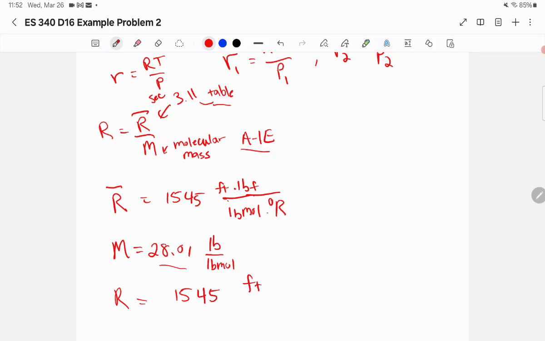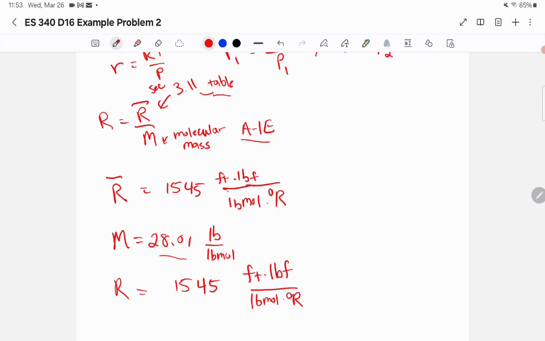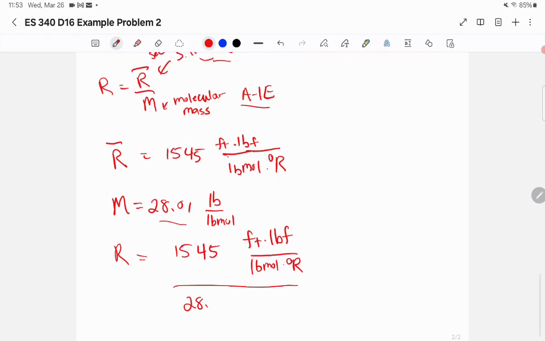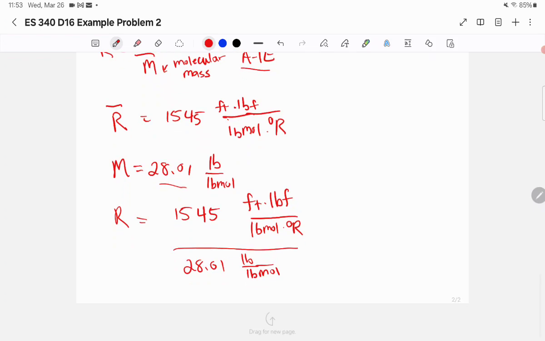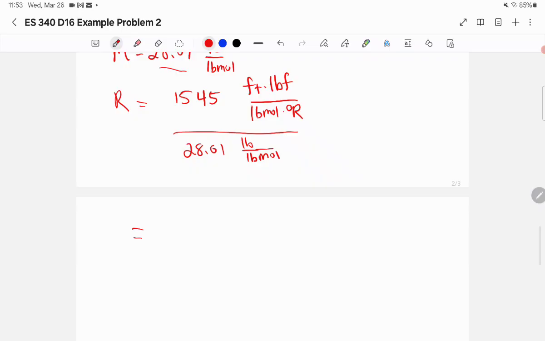So this is foot times pound force over pound mole times degree R divided by 28.01 pound per pound mole. And that'll give me something like 1545 over 28.01, and the units then will be foot times pound force per pound, which is what I originally had written there, degree R. There we go.